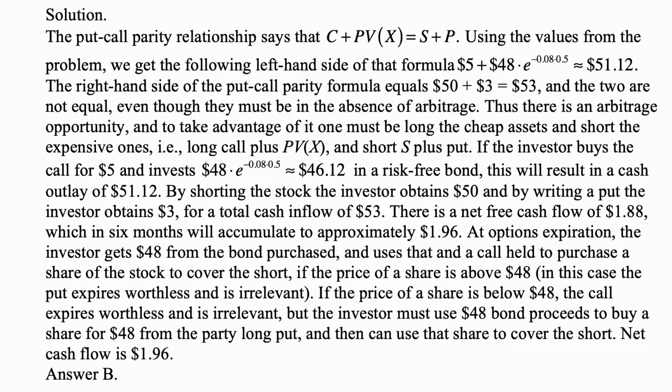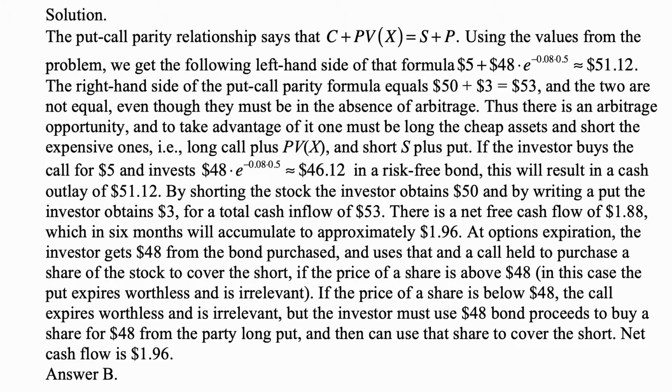And here's the solution. The put-call parity relationship says that call plus present value of exercise price is equal to stock plus put, or call minus put is equal to stock minus present value of exercise price. You need to memorize this for the test, no doubt about it.